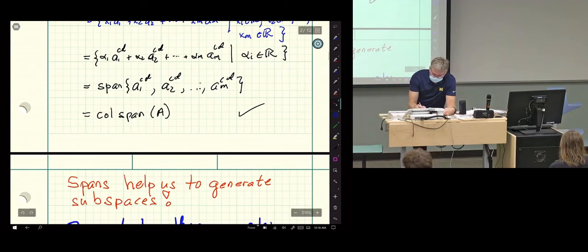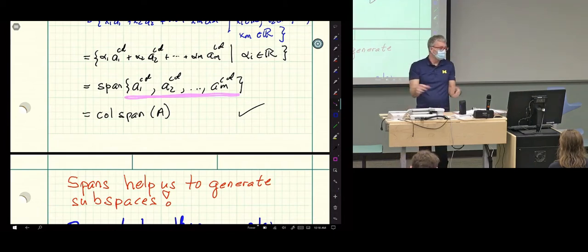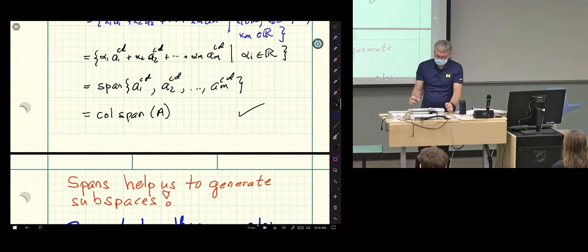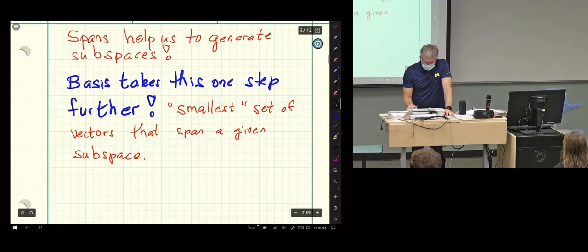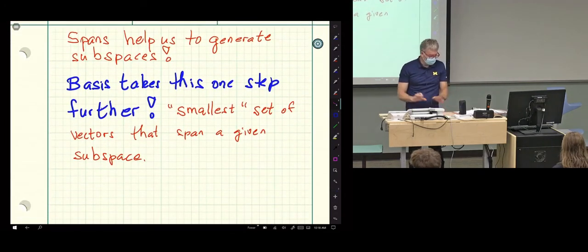We could look at the next one. Well, it's not a linear combination. The next one is, it is a linear combination. So we could get it down to where we take a set of linearly independent vectors that generate that span by throwing away all of the dependent vectors. And that's what a basis does. It's the smallest set of vectors that span a given set.